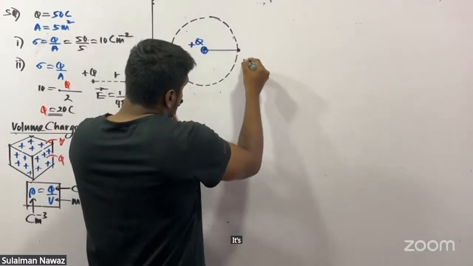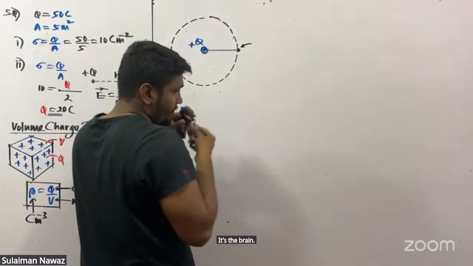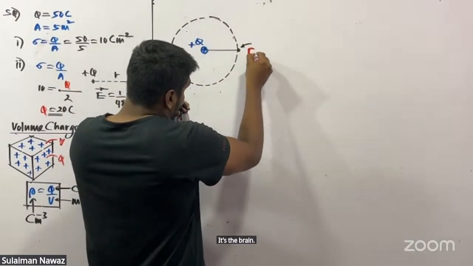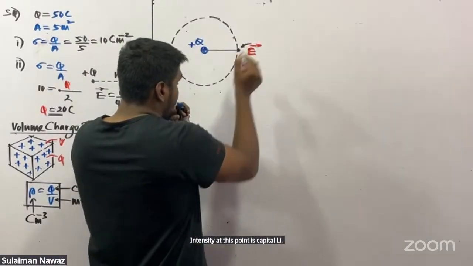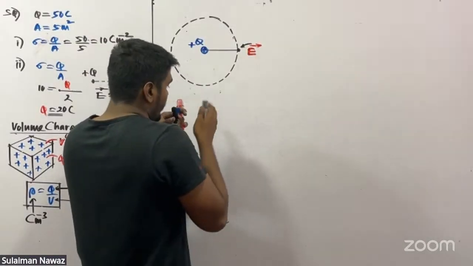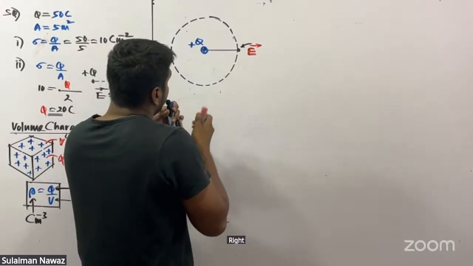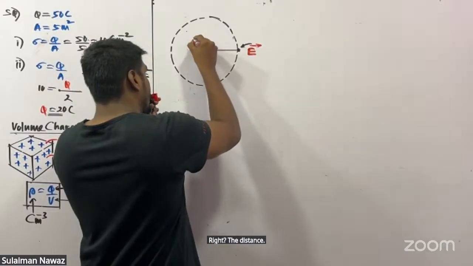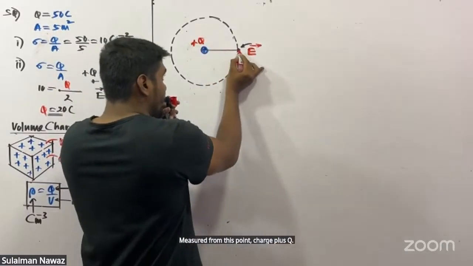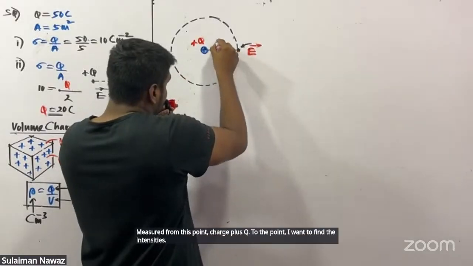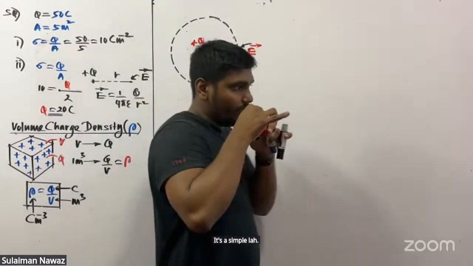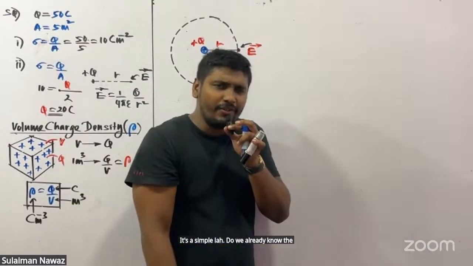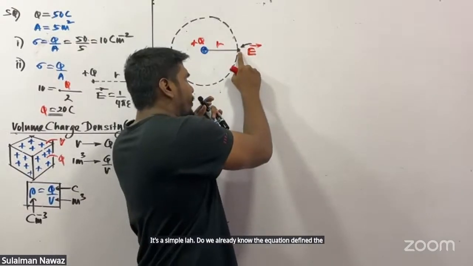This is the point. The intensity at this point is capital E. The distance measured from this point charge plus Q to the point where I want to find the intensity is simply r.